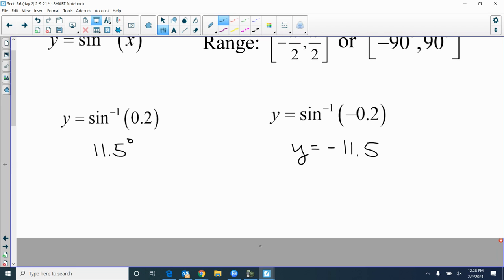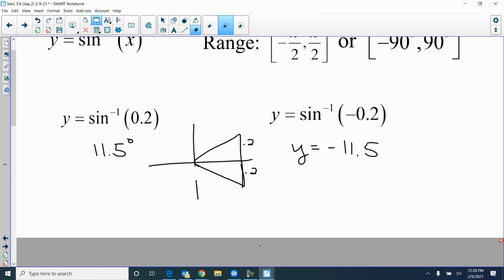And think why. Here's why, because this means that the y value is 0.2 here. Well, we're going to have to have the same angle, except it's going to be negative. Oh, that's a bad triangle, sorry. Same thing here, so whatever that angle is, it's got to be the same but opposite. But yes, one's in quadrant 1, the other one's in quadrant 4.